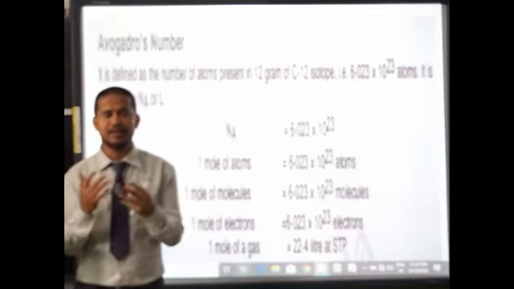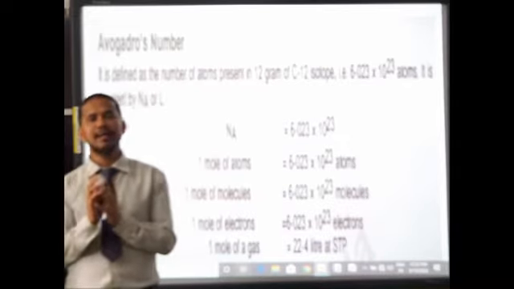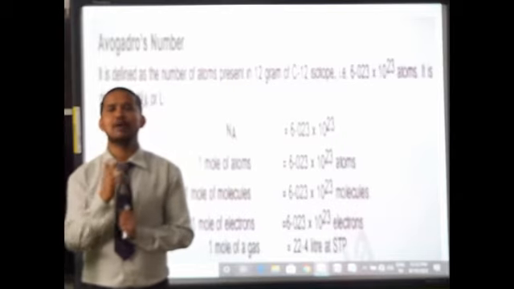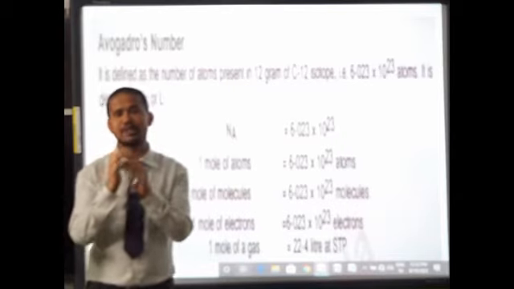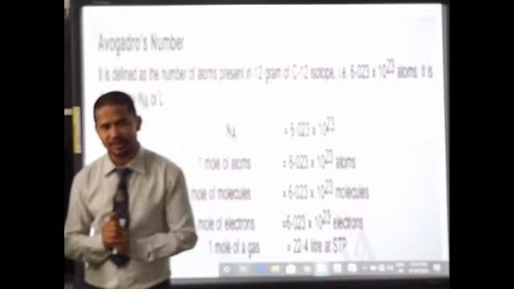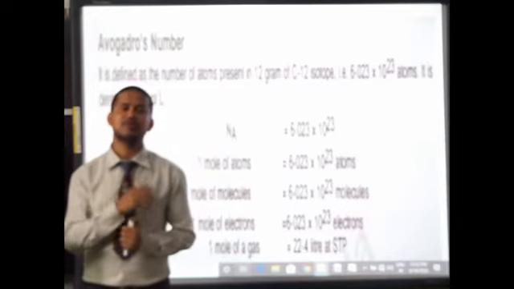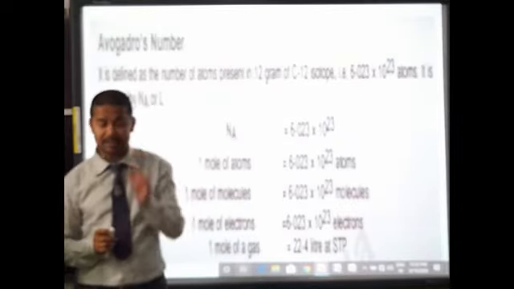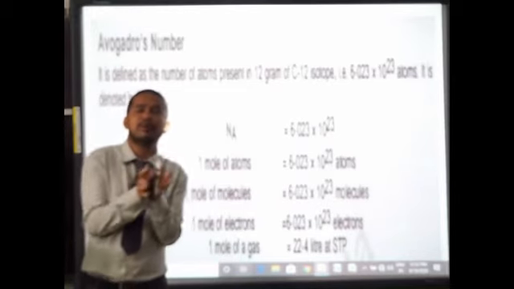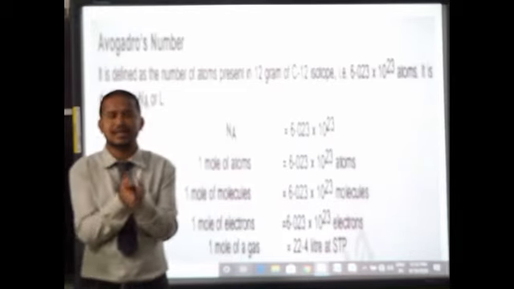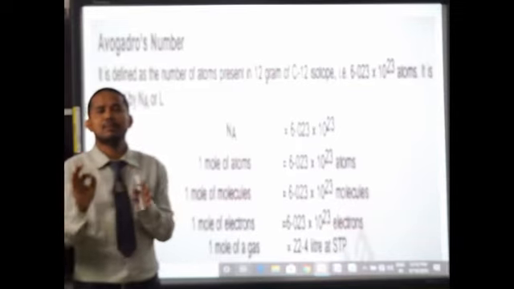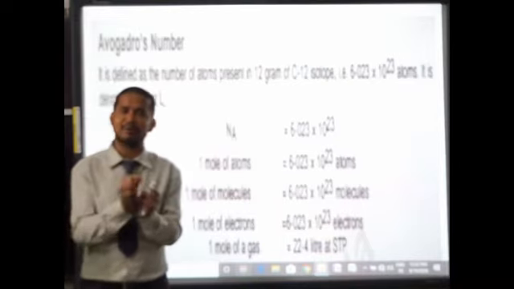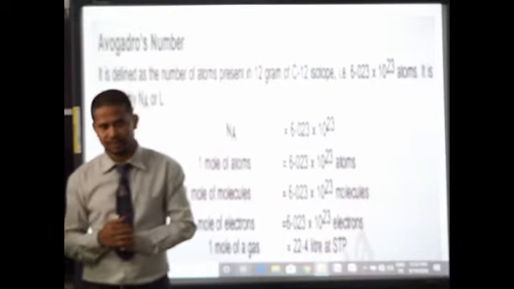Similarly, 1 mole of oxygen gas or 22.4 liters of oxygen at STP is 6.022 × 10^23 molecules of oxygen. So 22.4 liters of gas at STP will have the same number of molecules, Avogadro's number.